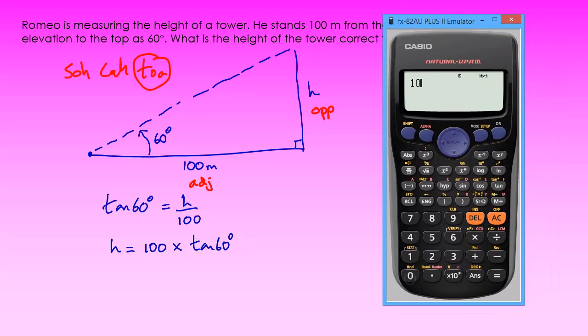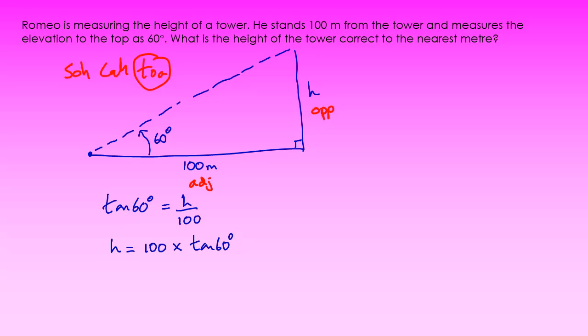So 100 multiplied by tan of 60, and that's 173 to the nearest meter. So we'll say 173 meters to the nearest meter.